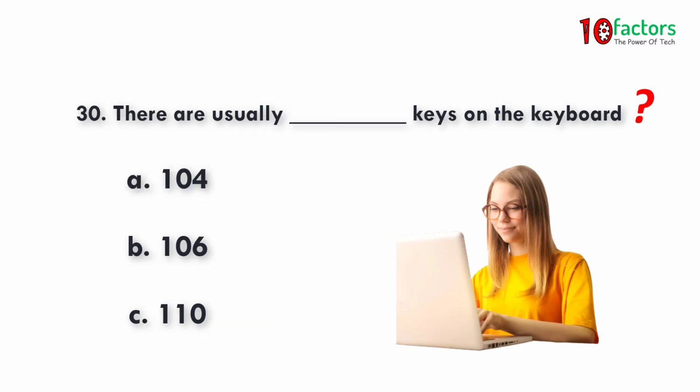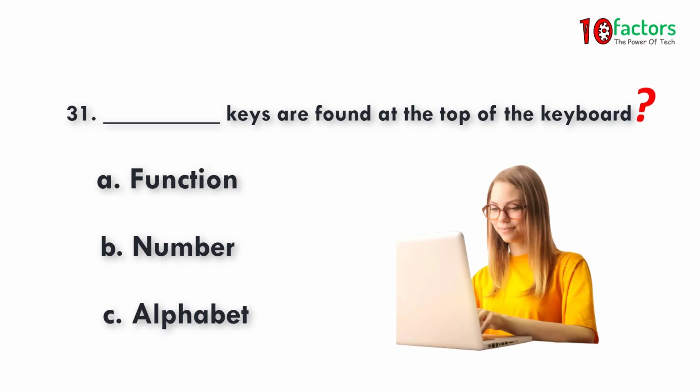There are usually keys on the keyboard. A. 104. B. 106. C. 110. Right answer, A. 104. Question 31. Keys are found at the top of the keyboard. A. Function. B. Number. C. Alphabet. Right answer, A. Function.